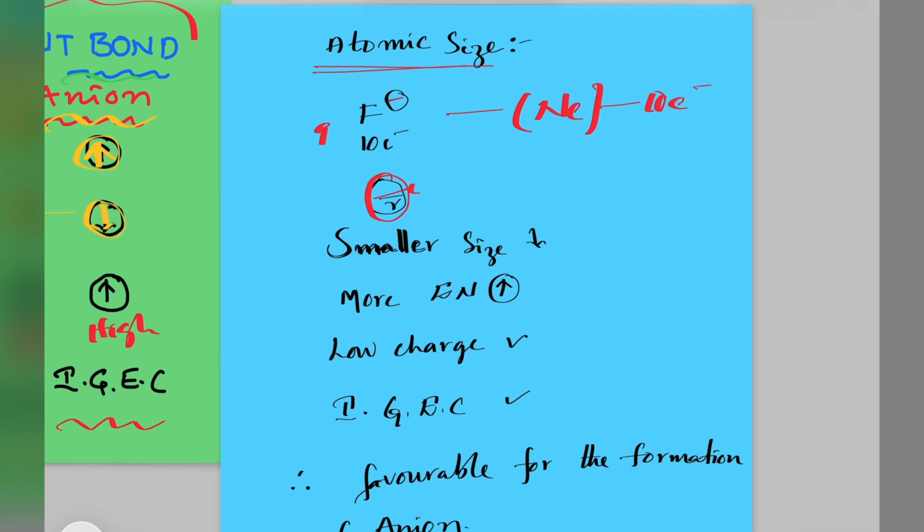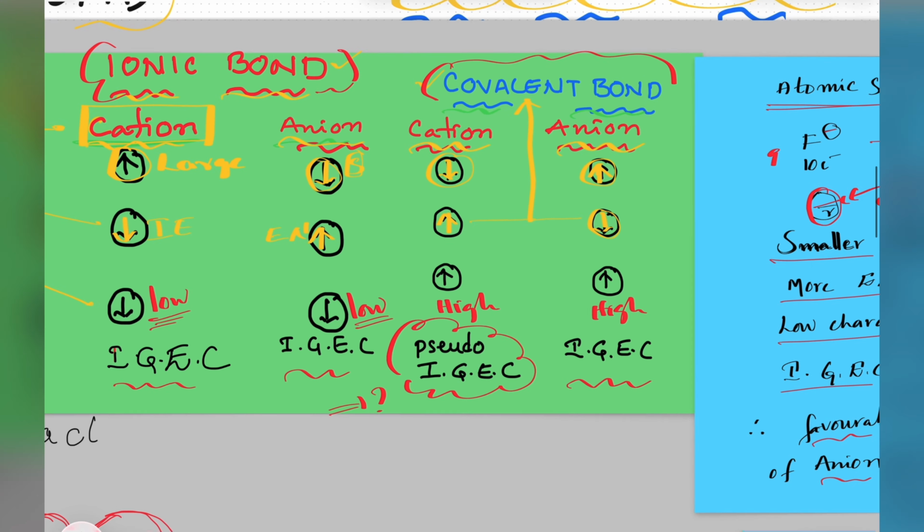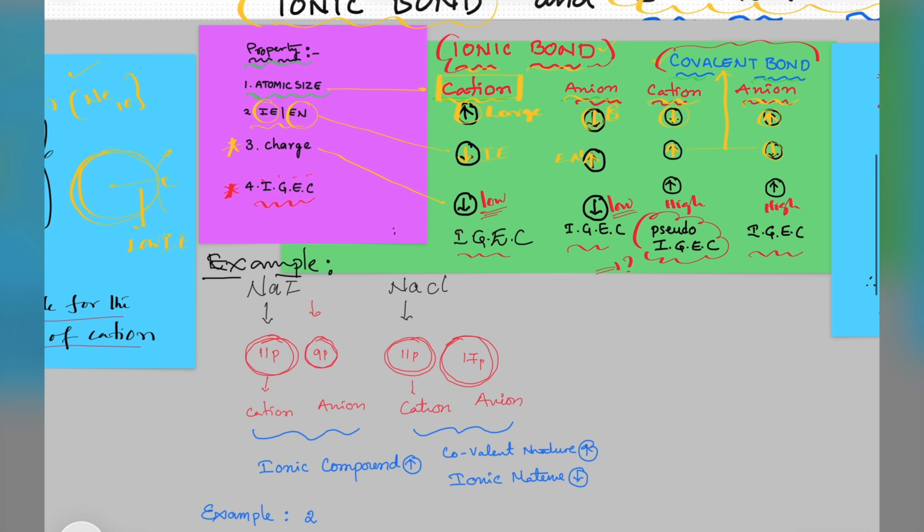Radius is smaller means we cannot remove an electron, but it attracts electrons. That is nothing but it has more electronegativity, more electronegativity, and it is a non-metal. So atomic size is smaller. Due to smaller atomic size, it has more electronegativity, low charge, and inert gas electronic configuration. Therefore, it is favorable for the formation of anion. This anion leads to form an ionic bond.